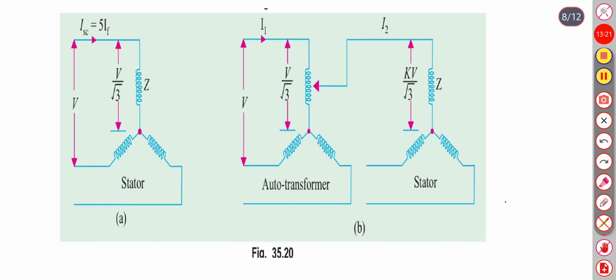Here in normal star winding, the voltage per phase is V by root 3, but suppose an auto transformer is applied and tapping is taken from this tap, the voltage will become kV by root 3.